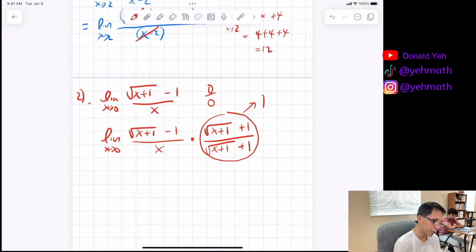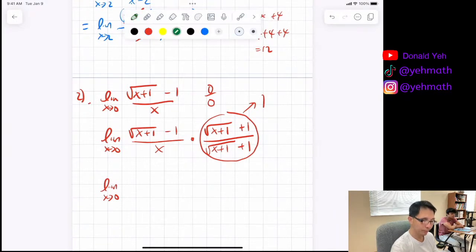Now, let me show you how the magic happens. Limit as x approaches 0. What happens to the numerator? Do you know what square root of x plus 1 minus 1 times square root of x plus 1 plus 1 is? Well, this is x minus b and x plus b.